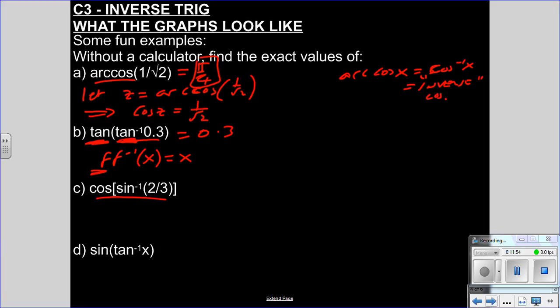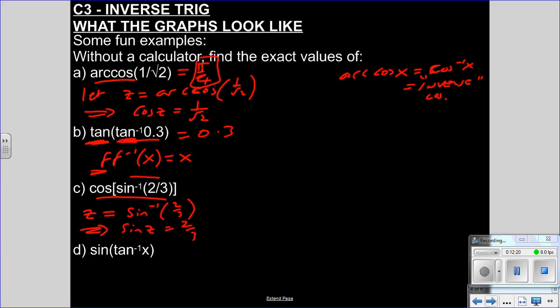This one, though, you've got cos of sine to the minus 1 of 2 by 3. How can you deal with something like that? Well, again, it's good to say z equals sine to the minus 1 of 2 by 3. So it's interesting to work inside out, like functions. So here you can sine both sides.